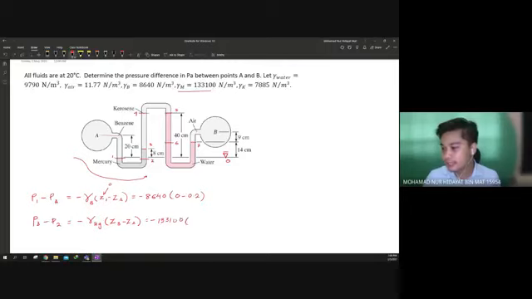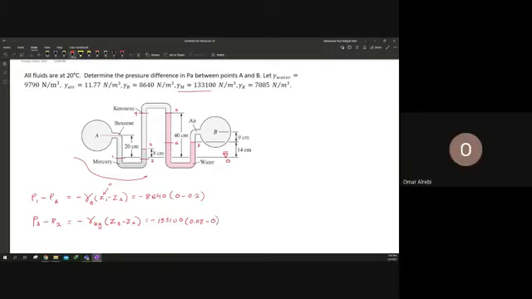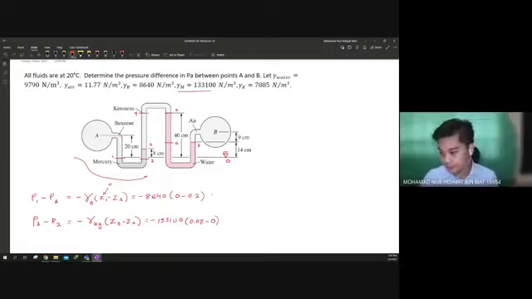133,100. Z3. What's the value of Z3 from the reference line? It is 8 centimeter. So put it as 0.08. Okay, minus Z2. Z2 is at the same reference line, so it is minus 0. Okay, this one I try to solve for you.